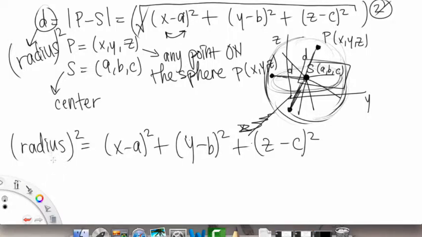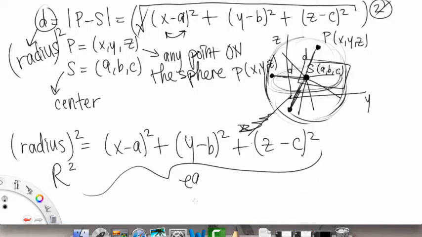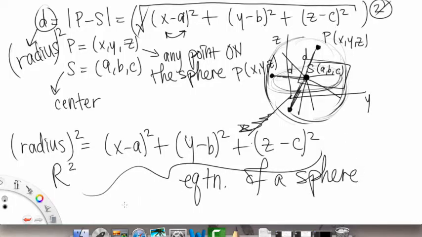Sometimes the left side is just denoted by capital R squared for radius. So this is the equation of a sphere. All right, where I should note that (a, b, c), this point here in space, is the center.